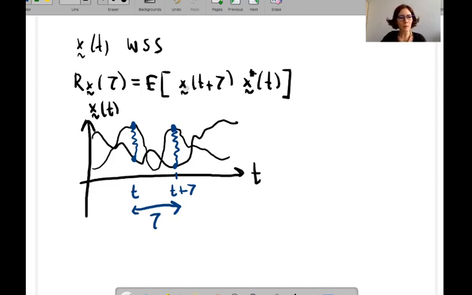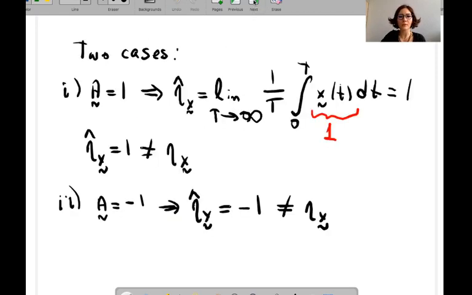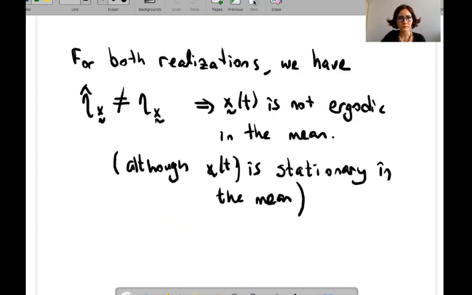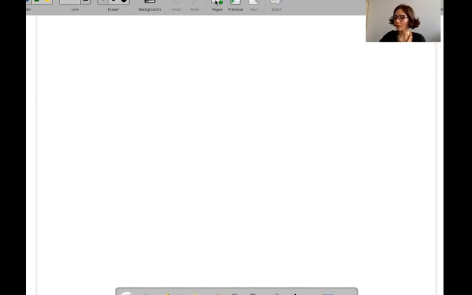But then again, remember, we are in a setting where we don't have any analytical expression for our random process. What we have is a single realization of our random process.